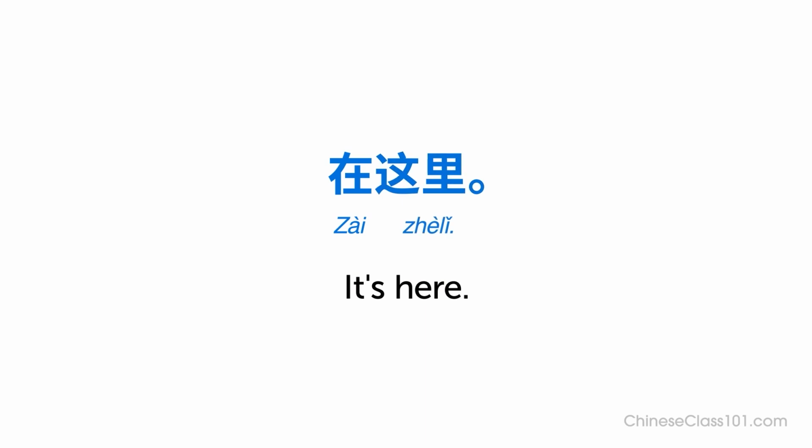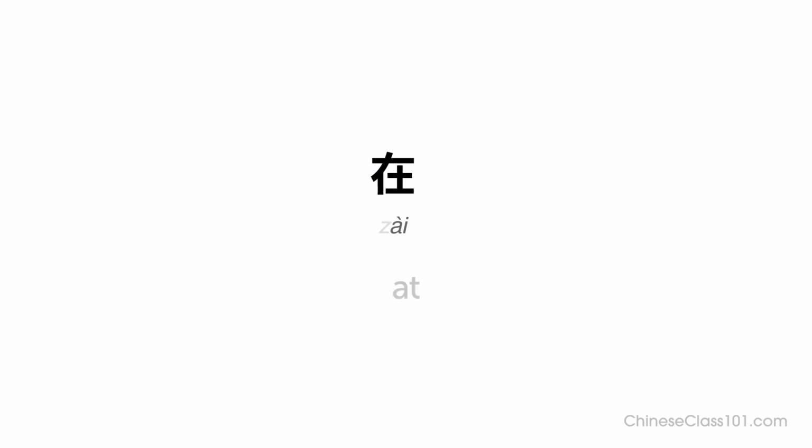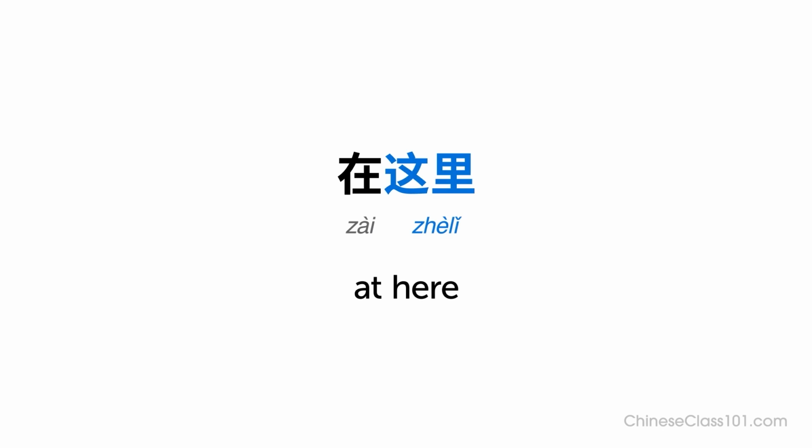This phrase has two parts. First is 在, meaning at. It's used to locate things in this context. Next is 这里, here.